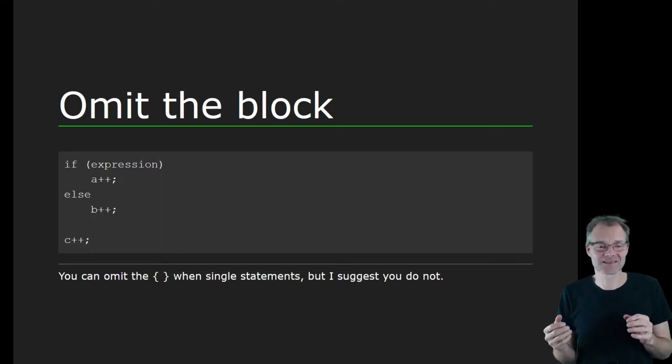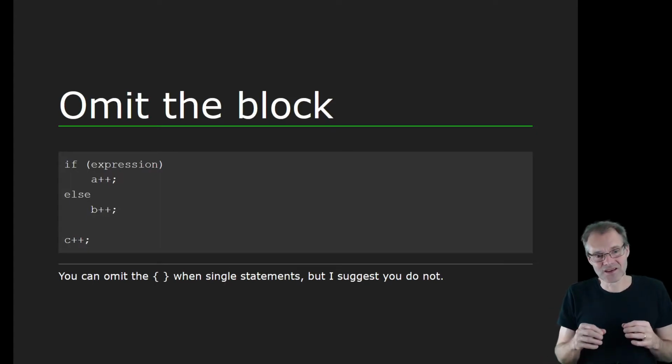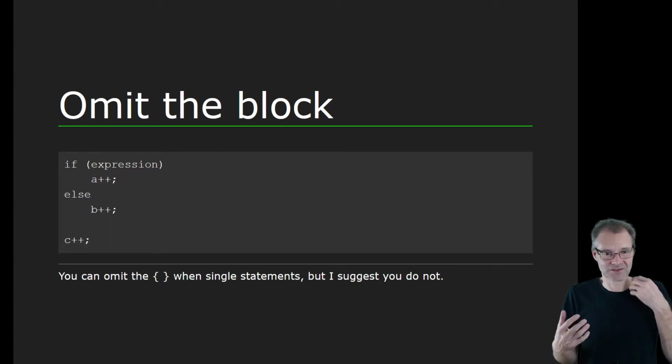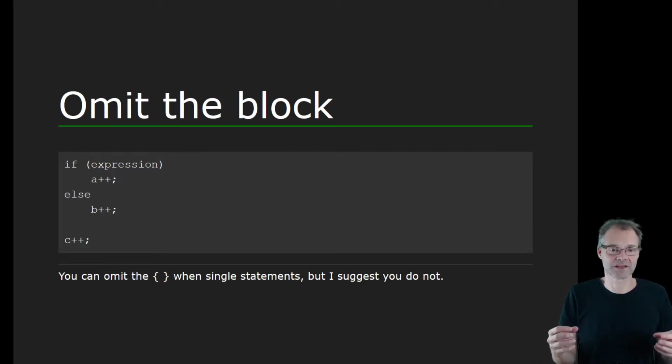The reason is, when you have this kind of construct and then for some reason you think the C increment should also be a part of the if, and maybe you forget that you don't have the block braces there, you will eventually get an error, or even worse, you think that two statements are executed, but you forgot the block braces and only one statement is executed.